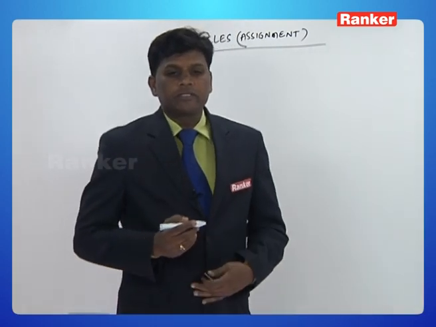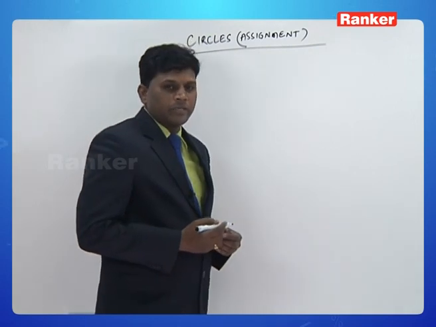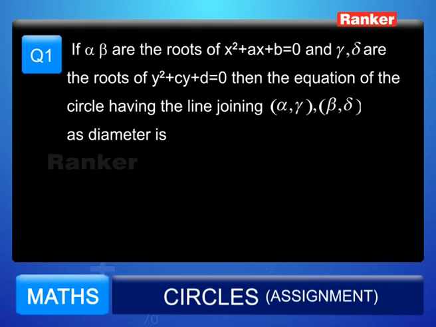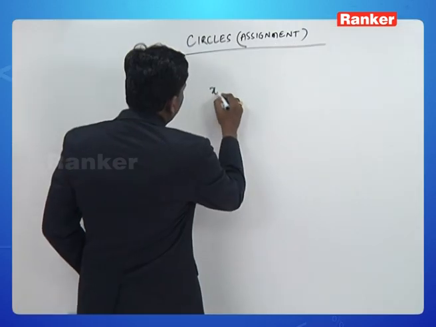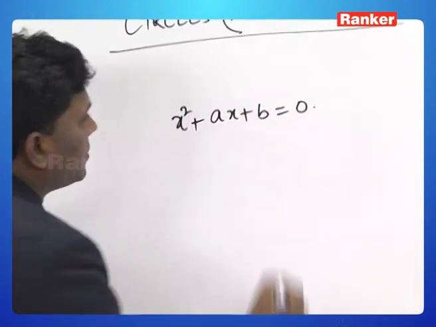Today, let us discuss the problems based on the concepts we have discussed in earlier concepts. For example, coming to the first problem, here alpha and beta are the roots of a quadratic equation given. This quadratic equation is x square plus ax plus b equals to 0.